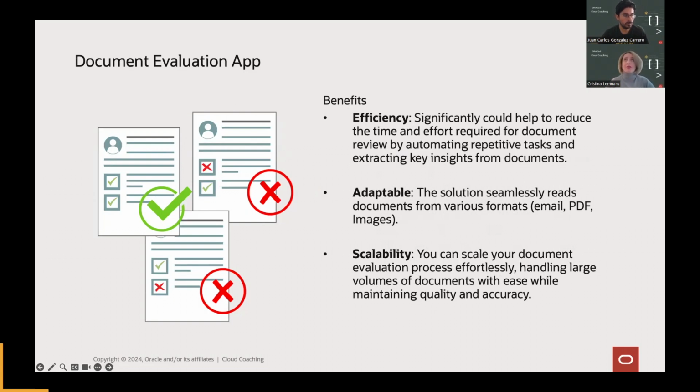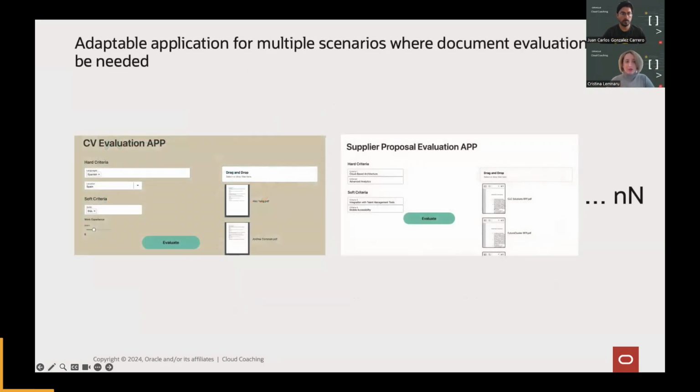Think that what we will show you today is basically a template that can be adapted to any use case that you may have in your organization. And definitely there is a point of scalability, so you can scale it depending on your architecture and your organization. So from one simple app, you can build it and integrate it in many other solutions as well.